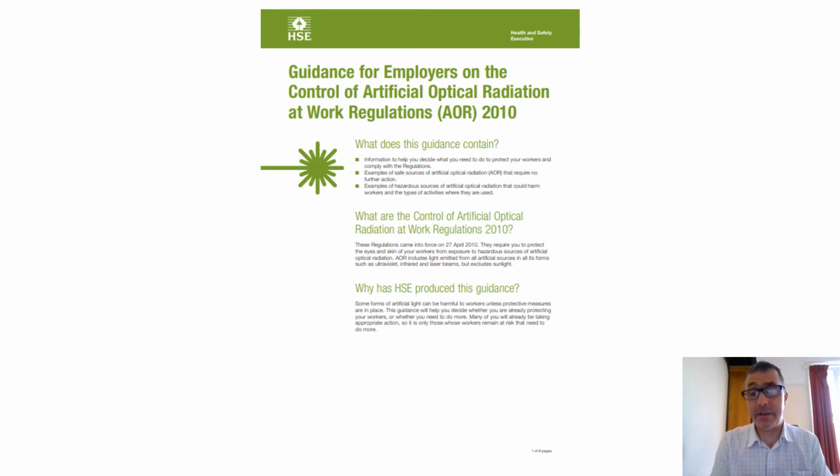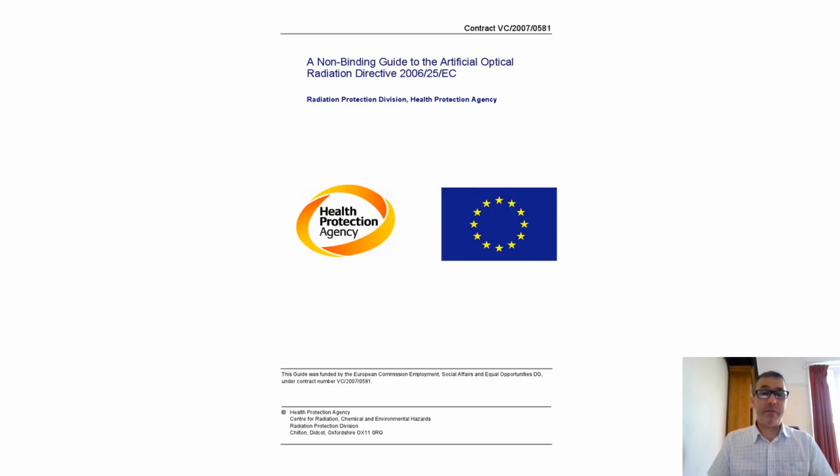The Health and Safety Executive, the HSE, who would inspect under the Health and Safety at Work Act, also have published their own guidance on the Artificial Optical Radiation at Work Regulations. So again, it's another useful source of information for the Laser Protection Advisor. If you know that the HSE are coming into your site, this would tell you the kinds of things that they're looking for. And finally, a non-binding guide to the AOR directive, published in the UK, but for the European Commission.